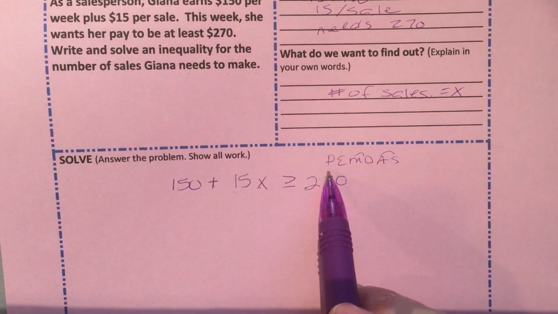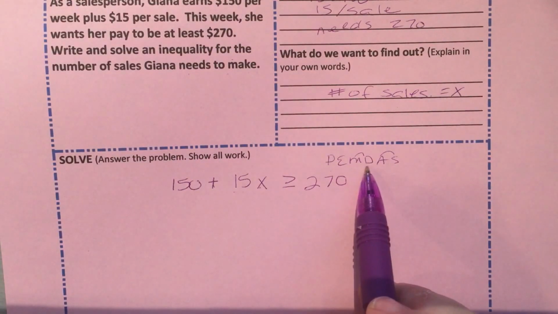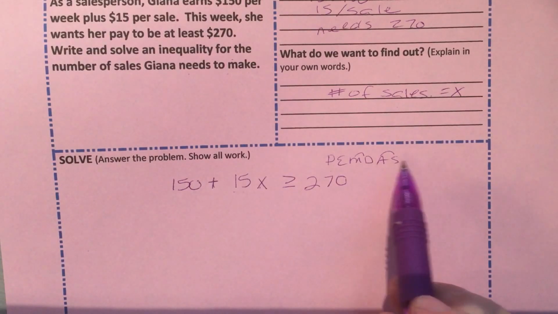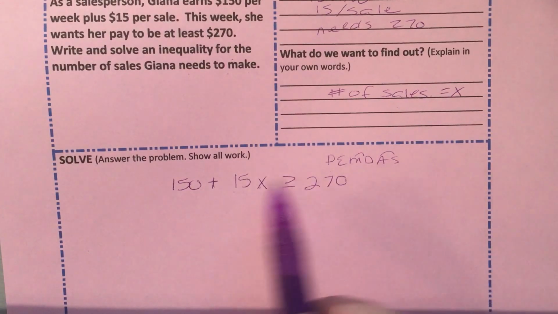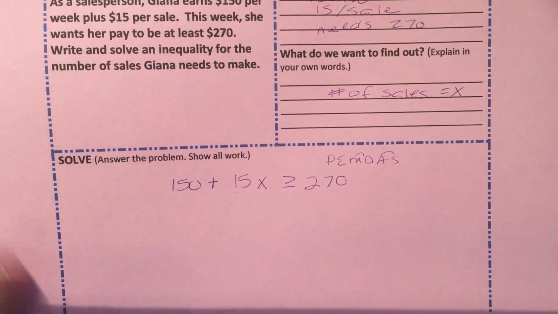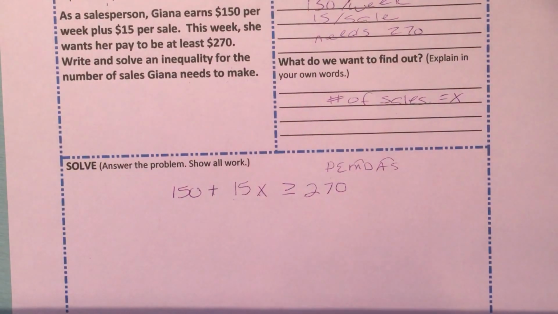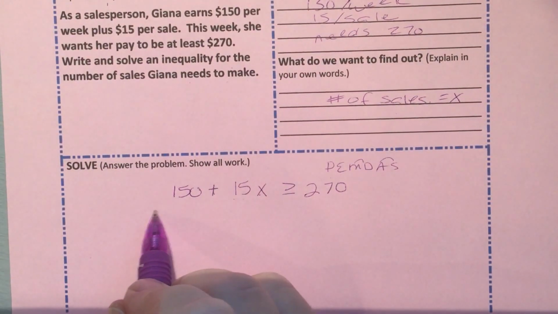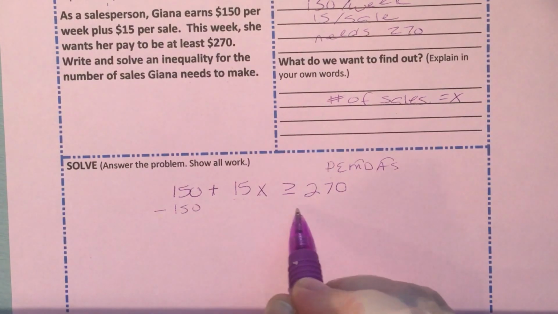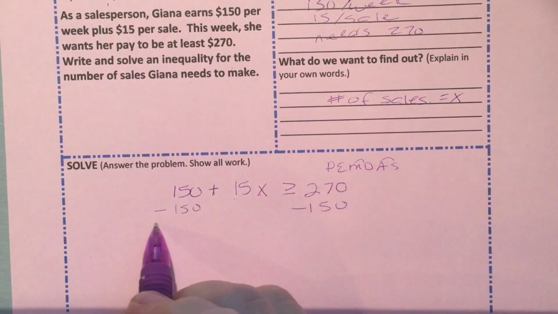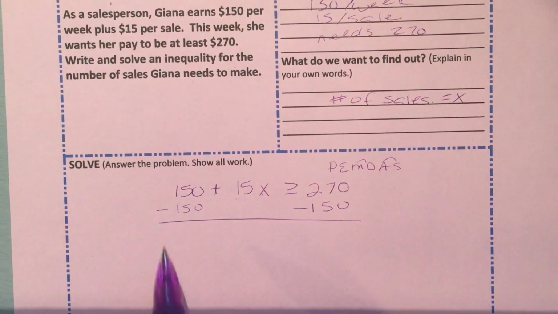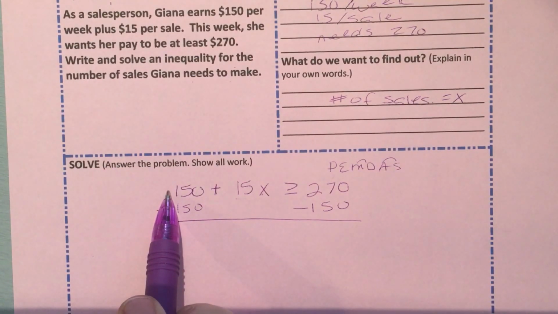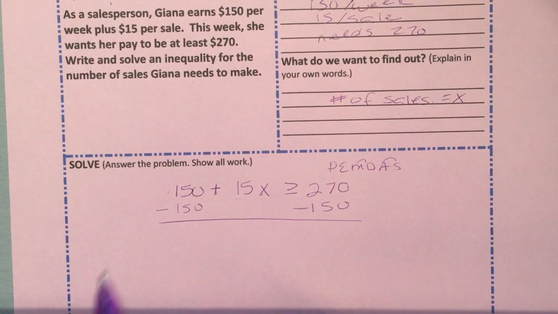We usually go in that order, but now we're going opposite because we're undoing an equation to solve it. So we will subtract 150 from both sides. We're subtracting because this is a positive 150. There's no sign shown, so it's automatically positive.